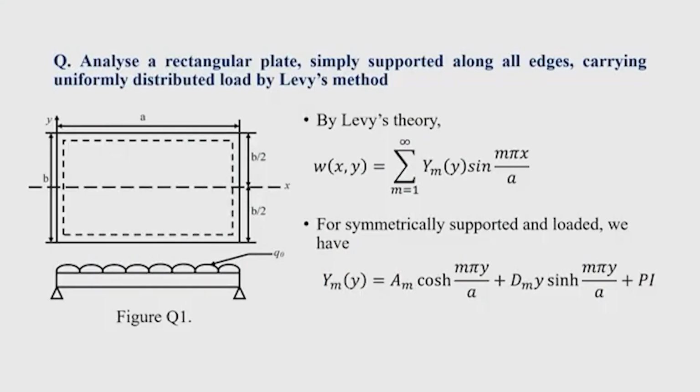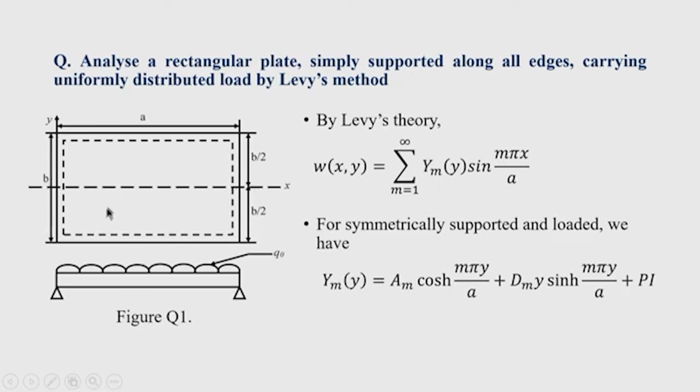Now, in this plate problem that I have taken here for this class, x is equal to 0 and x is equal to a are simply supported edges, and y is equal to 0 and y is equal to b I have also taken simply supported, and I have taken the x axis running through the middle of the vertical edges.